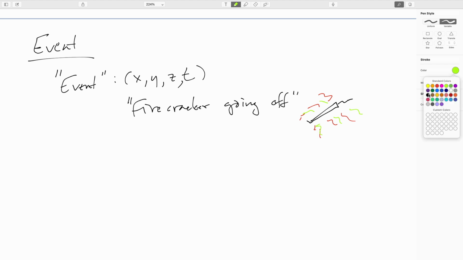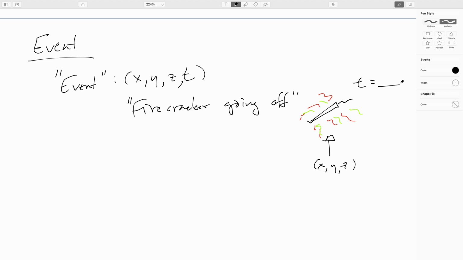That can be very well localized as happening at a specific position. Hey, that happened at x equals this, y equals this, z equals that. And the thing definitely blew up at a very specific time. So that's why I like thinking about that.